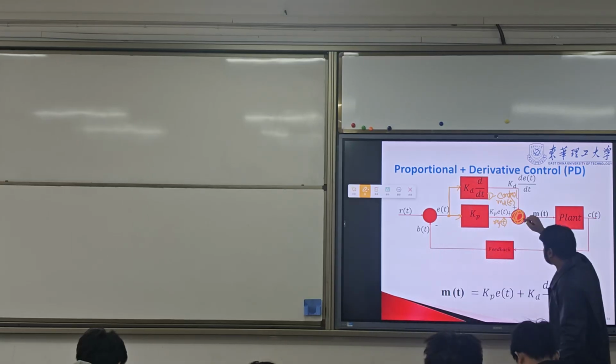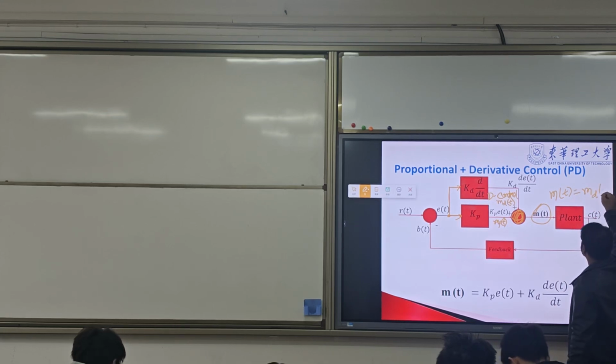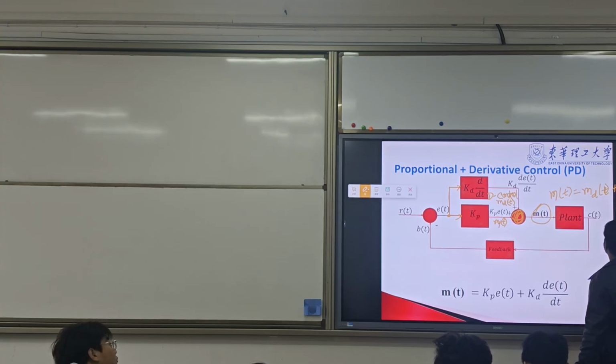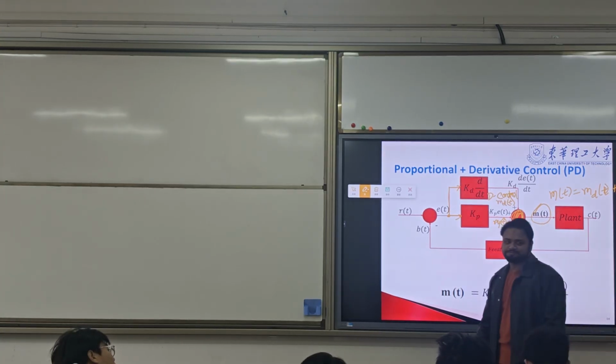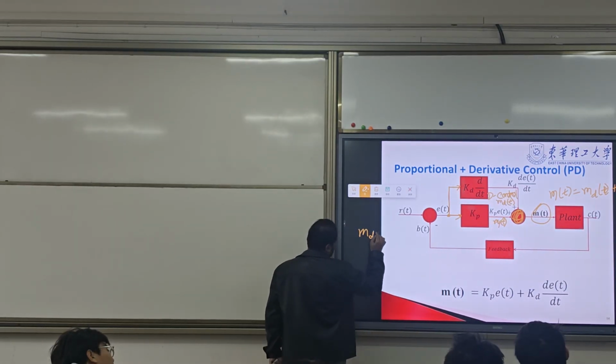So here you have the MT, which is MDT plus MPT. So what is MD? MD is the derivative control.